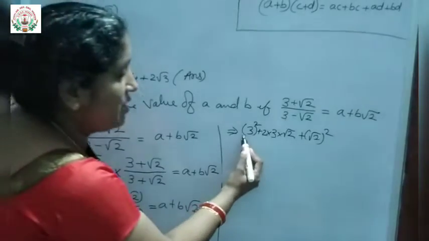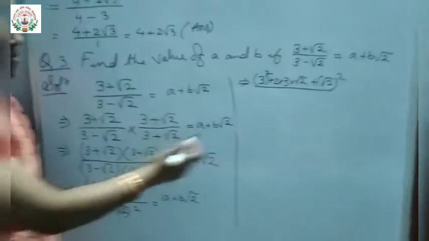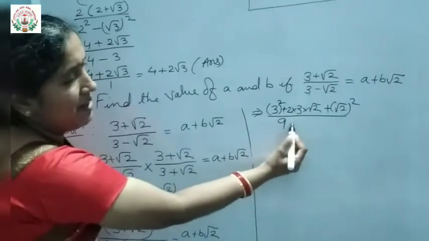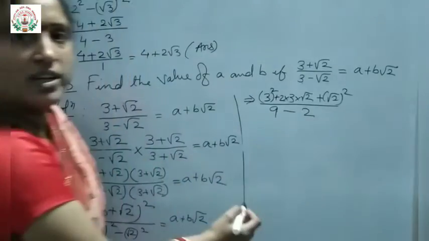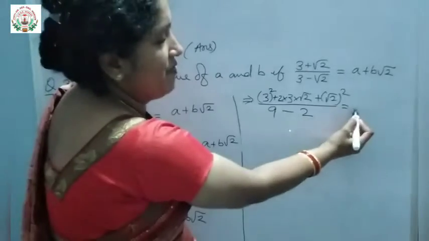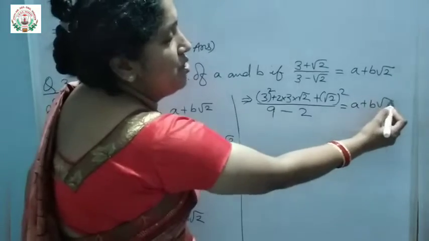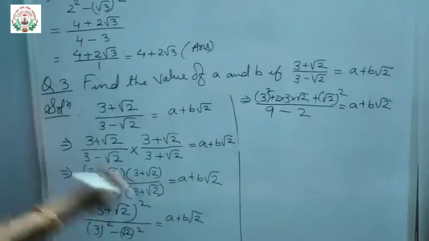Okay, now after that what is given? You can see here a square minus b square: 3 square will be how much? 9 minus root 2 square will be 2. Okay, which equals how much? A plus b root 2, that is given on the right hand side.